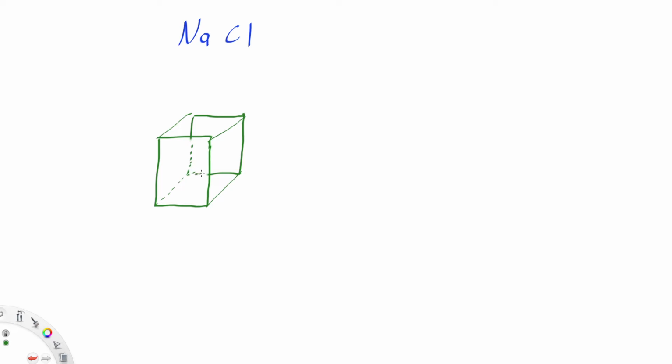When I say it's cubic on the micro level, what I mean is imagine you have this cube. On each corner of the cube, there is an atom. There's sodium here, here, here, and here. And on the other corners, there's a chlorine. And that is actually how salt organizes its atoms on the atomic level.